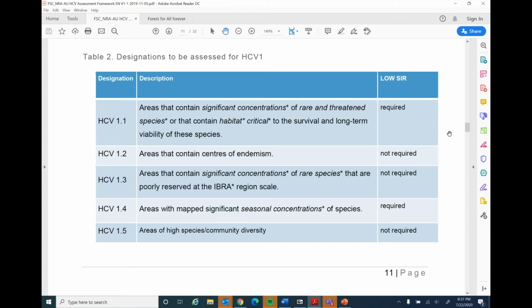It's not about making it easier for them, but it's essentially a recognition of risk as per the area that they're managing and the likelihood that they'll encounter those particular values.